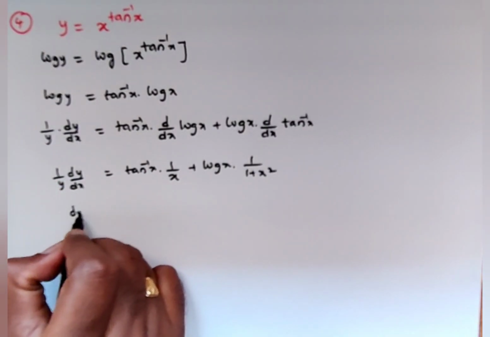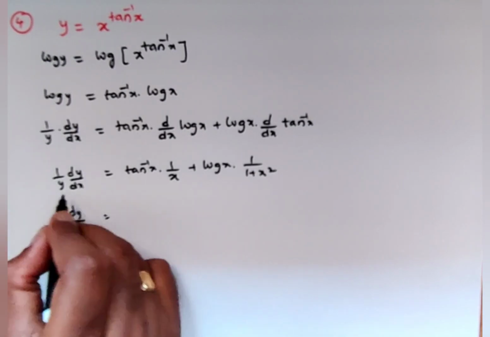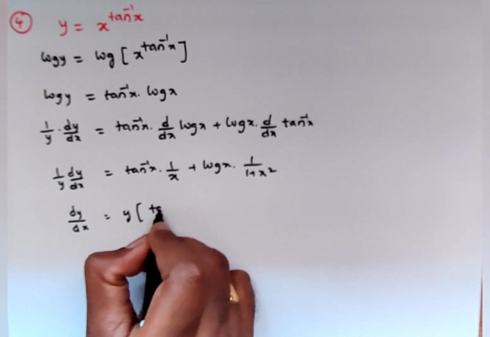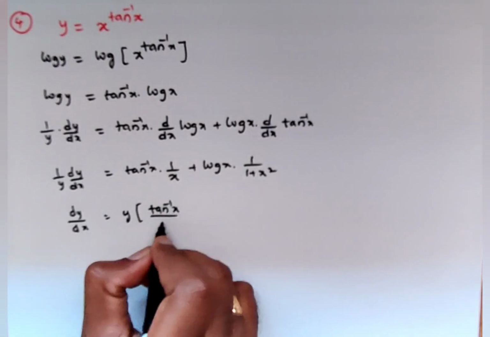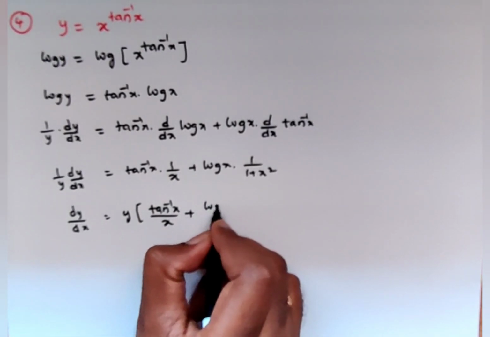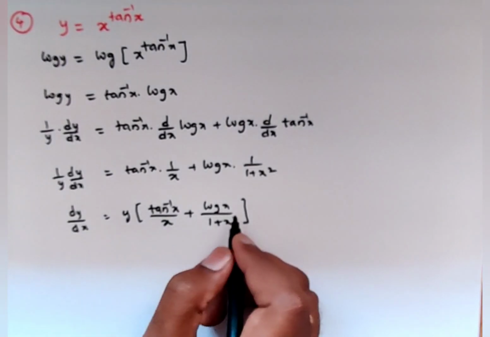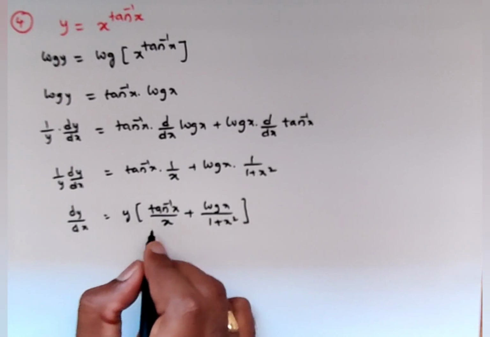So dy by dx equals, on cross multiplication, y times tan inverse of x by x plus log x by 1 plus x square. Now what is y?